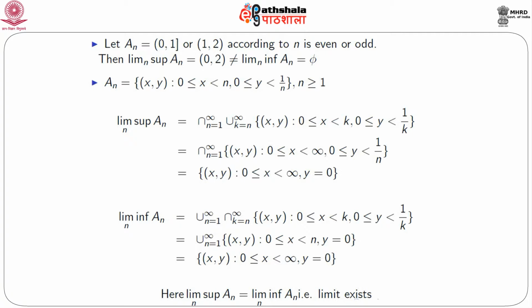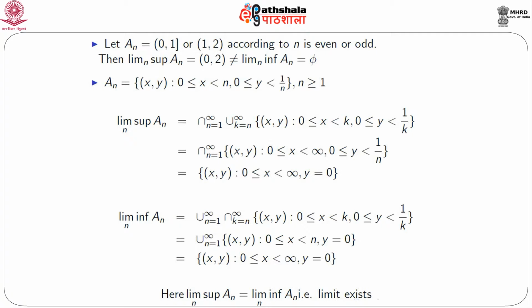Whenever we take the union first, we have to take the largest sets possible. In this case, k will go to infinity for x, and for y, the largest interval I can have is achieved when k equals n. So, it will be 0 to 1/n.